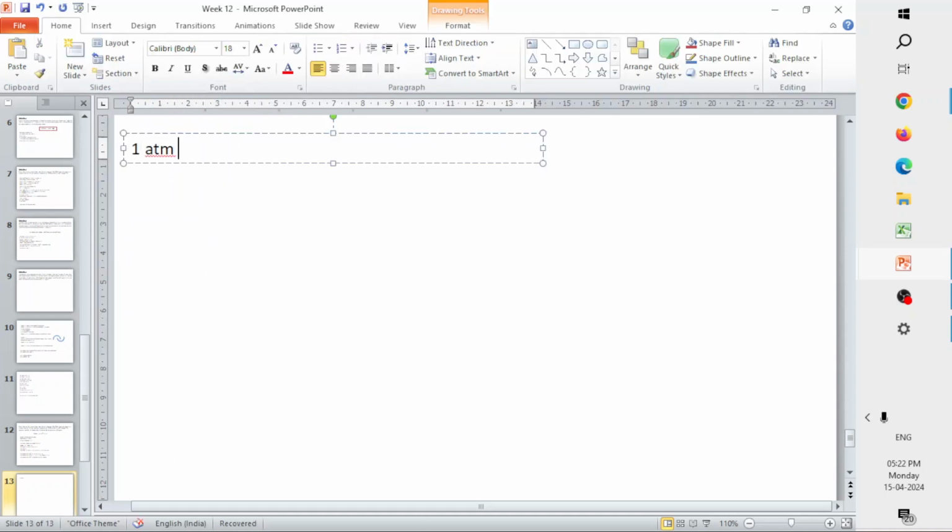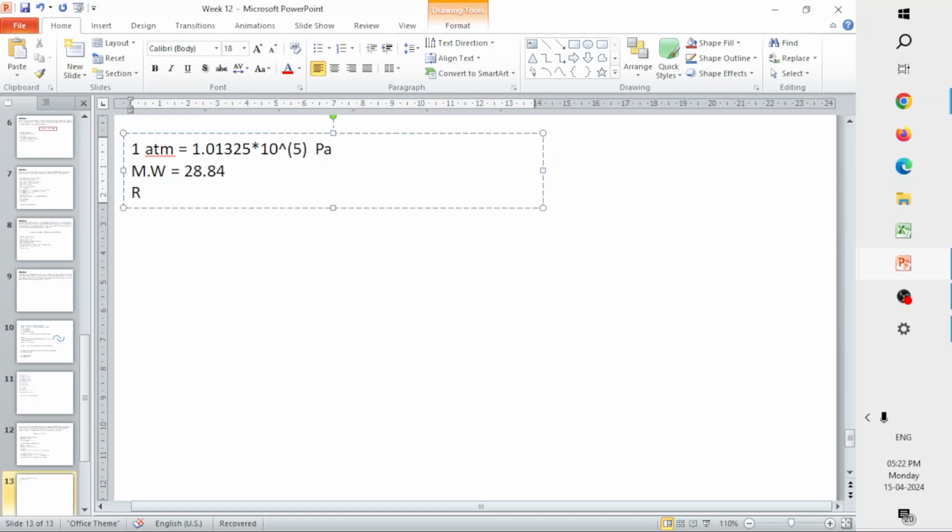So 1 atmospheric pressure, when you express it in terms of Pascal, is 1.01325 times 10 power 5 pascals, and the molecular weight of air you can assume as 28.84.